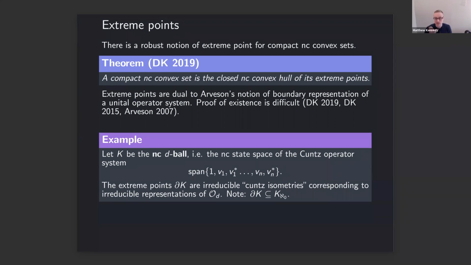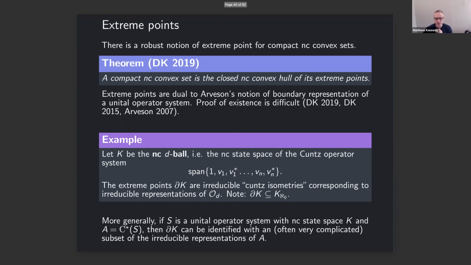They're irreducible in the sense that there's no non-trivial common or joint invariant subspace. Equivalently, these are exactly the points that give rise to irreducible representations of the Cuntz algebra O_D. And I want to point out that we can identify these extreme points with the whole space of irreducible representations of O_D.